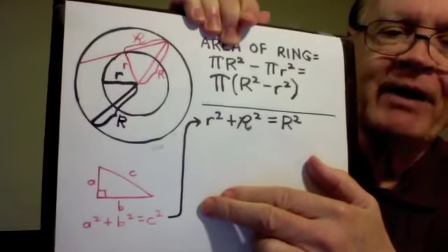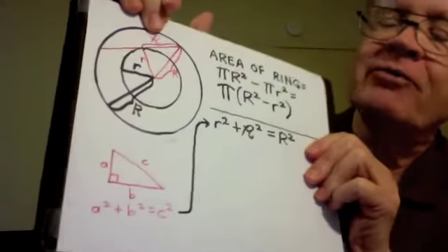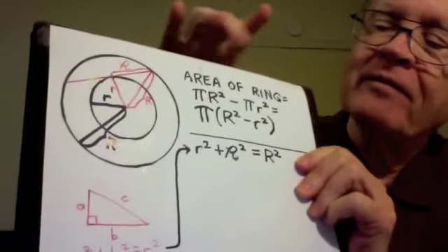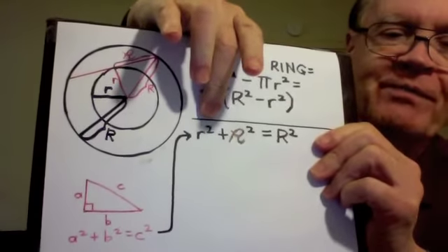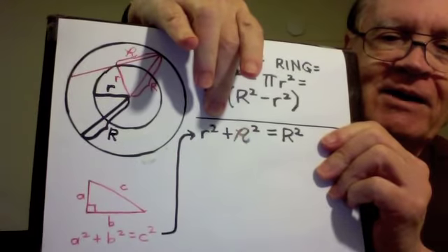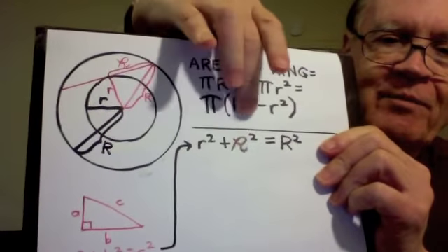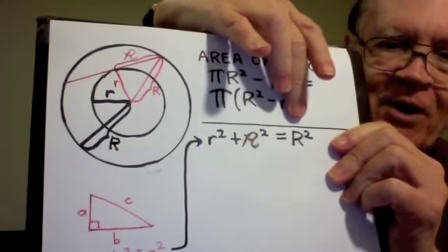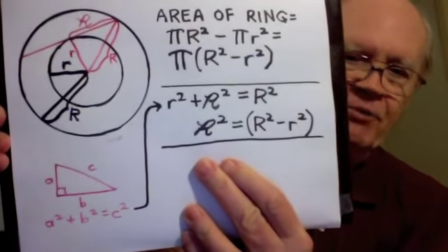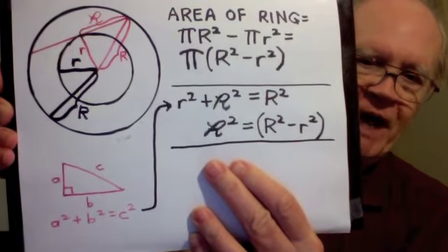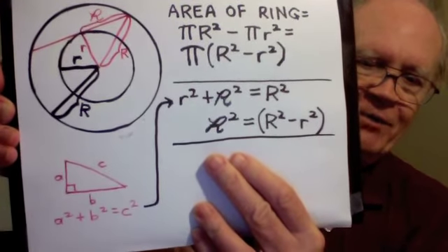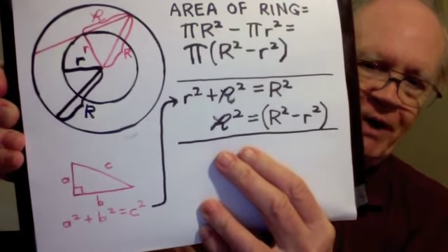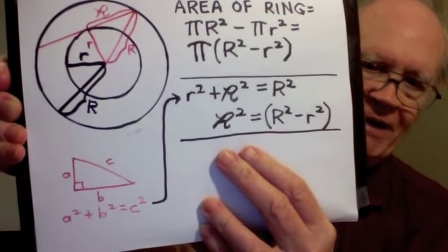Applying that Pythagorean formula to this right triangle, we have these r's. Lowercase r squared plus cursive r squared equals capital R squared. Subtracting little r squared from both sides, we get this equation: cursive r squared equals capital R squared minus little r squared.